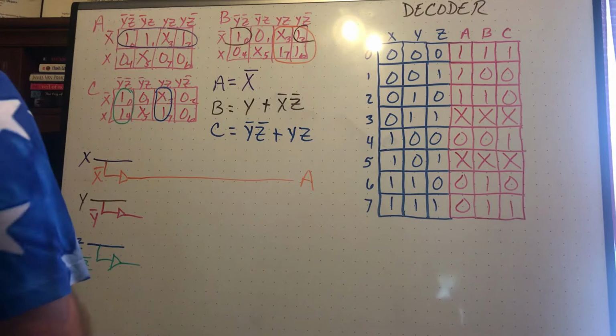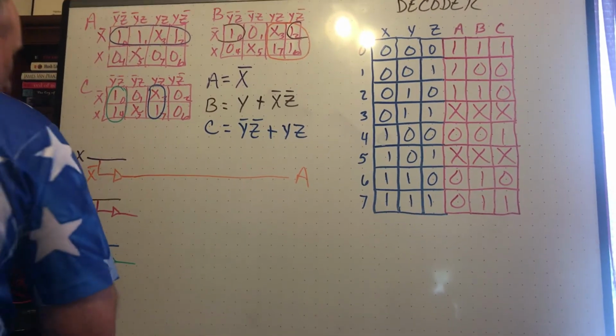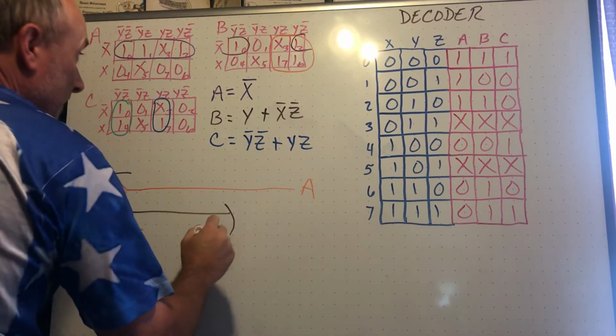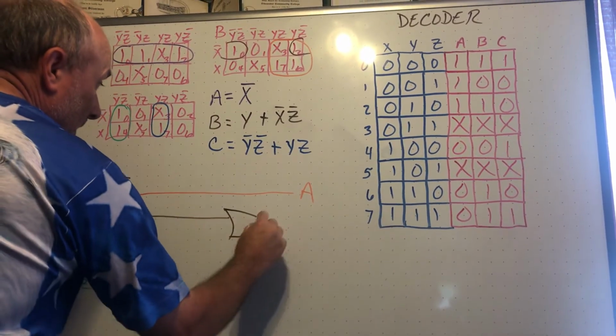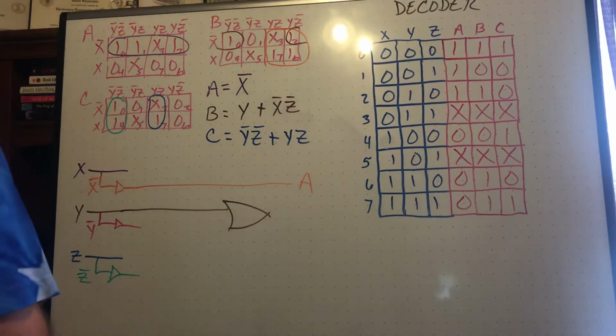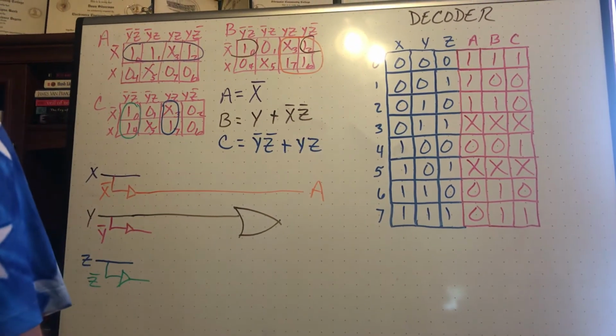Now I'm going to build my next circuit. So B is equal to Y, which is going to be ORed with something. But now I got to build the rest of it, which is X naught and Z naught ANDed together.